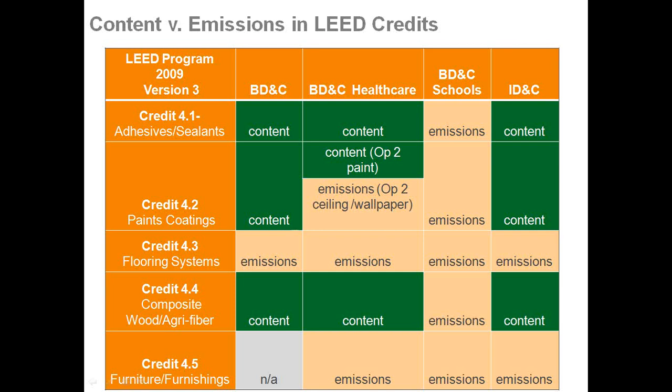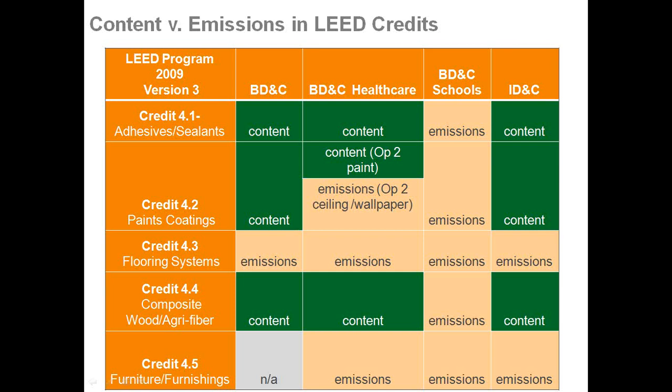Look at how many of those credits have a green box showing that to get that particular credit, you have to meet a content requirement. Well, what did we say was the name of this particular credit, EQ credit 4? It's low-emitting materials. Why would you have a content requirement for an emissions criteria? Doesn't make any sense, does it?